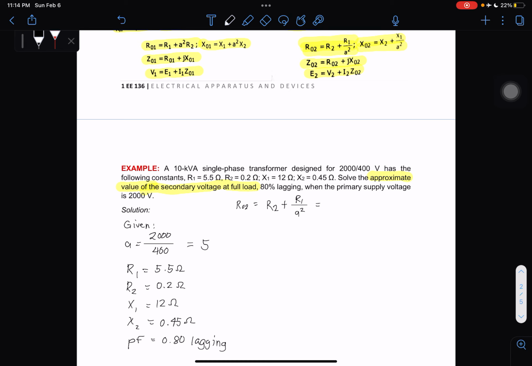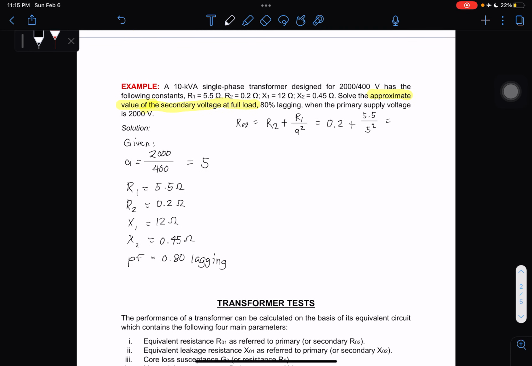Since everything is given, we need to substitute. R2 is 0.2 plus R1 5.5 divided by A, which is 5, squared. So our R02 is equal to 0.42 ohms. So after that, we have solved the resistance on the secondary side.